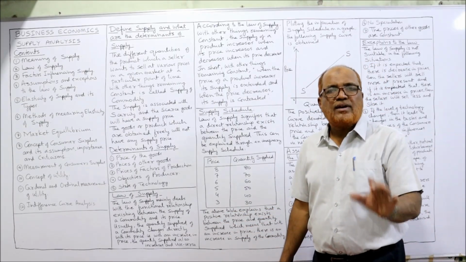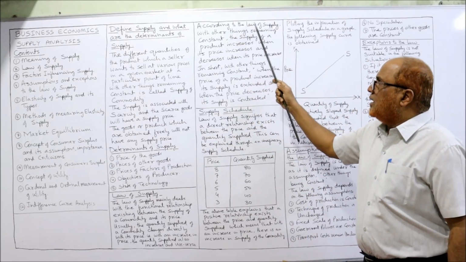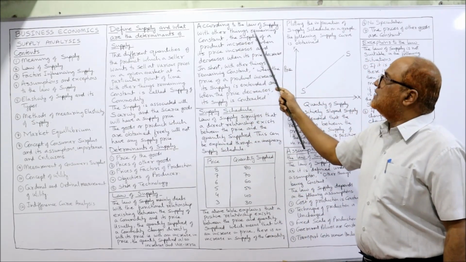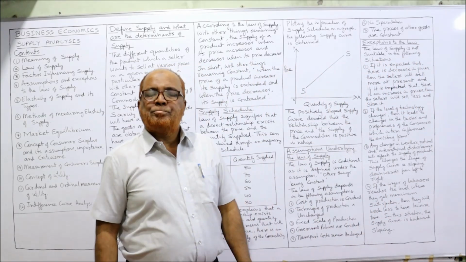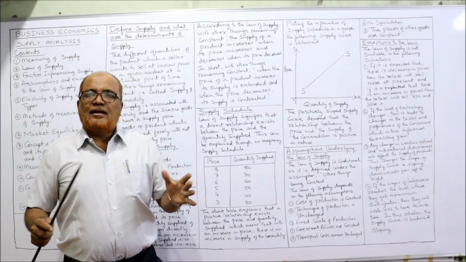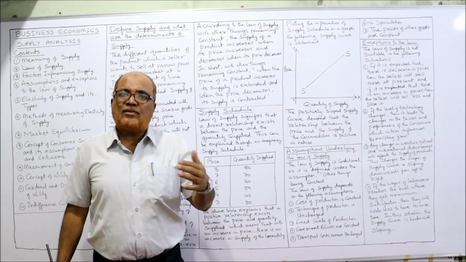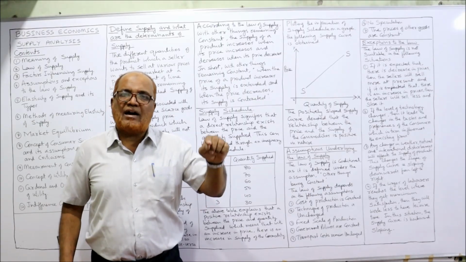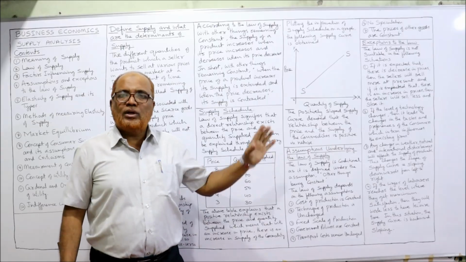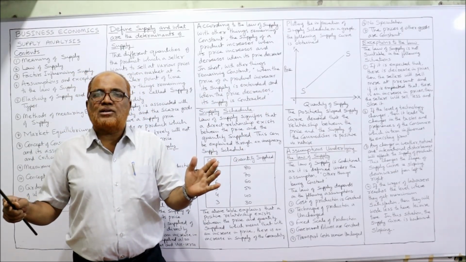Now specifically, the definition of law of supply says, according to the law of supply, with other things remaining constant. Remember the point. The supply does not depend only on price. Apart from price, so many factors are there which affect the supply. So here law of supply says other things remaining constant.